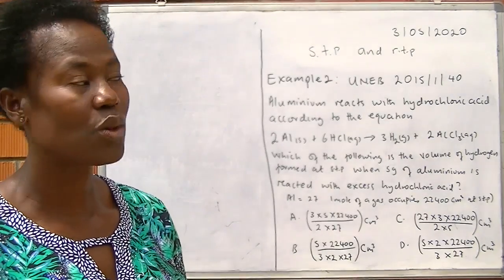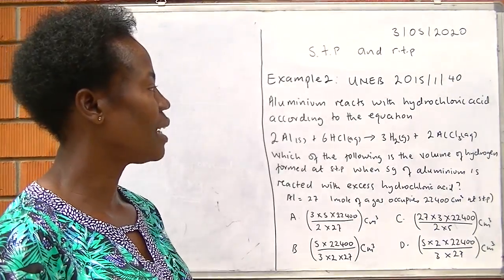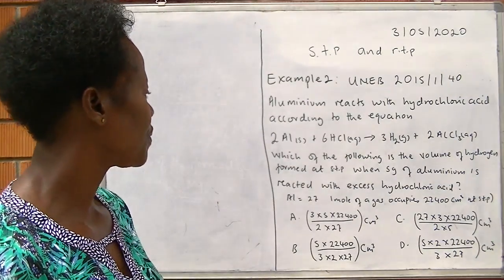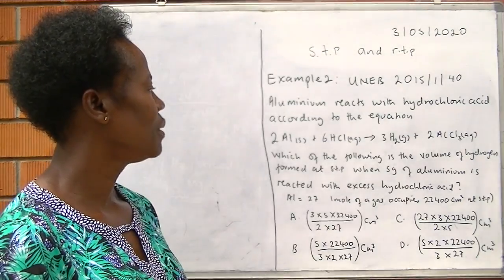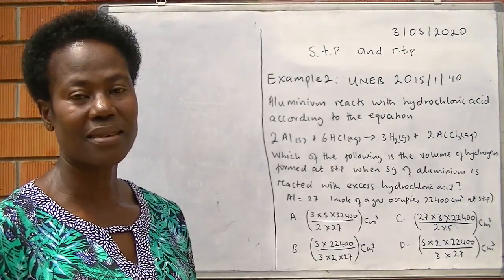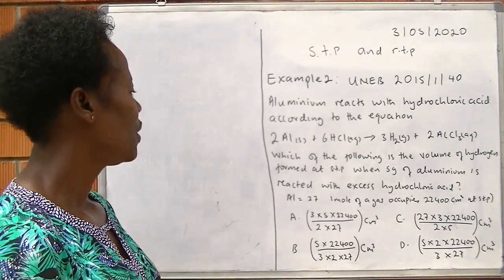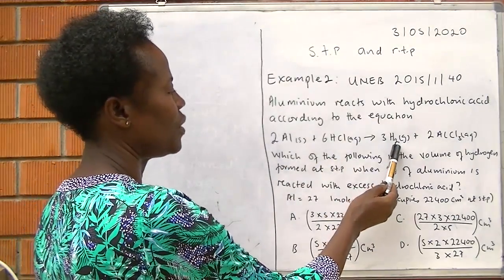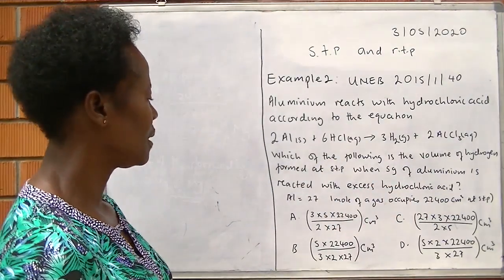Example 2 is obtained from 2015, paper 1, number 40. Aluminium reacts with hydrochloric acid according to the equation. We are given aluminium plus hydrochloric acid to produce hydrogen and aluminium solute.